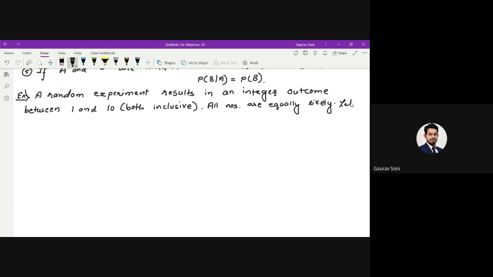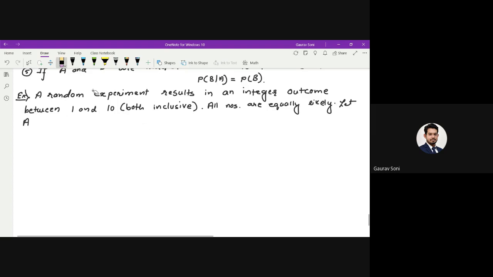Let capital A and capital B be events. I'll write it in this way.